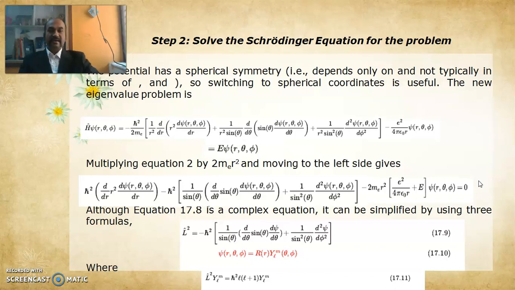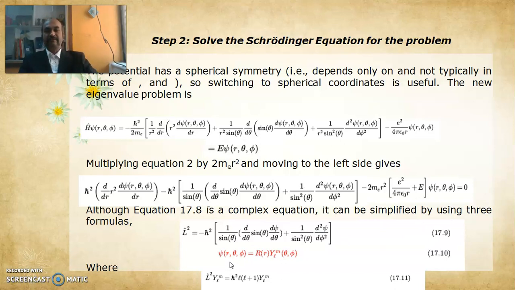Although equation 8 is a very complex equation, it can be simplified by using three formulas. Using three formulas, that is, L cap square is equal to negative h cross square into 1 by sin theta into d by d theta of sin theta into d psi by d theta plus 1 by sin square theta into d square psi by d phi square, and we will call this equation 9.